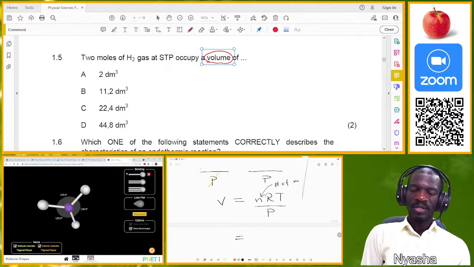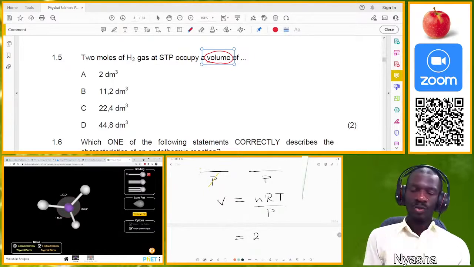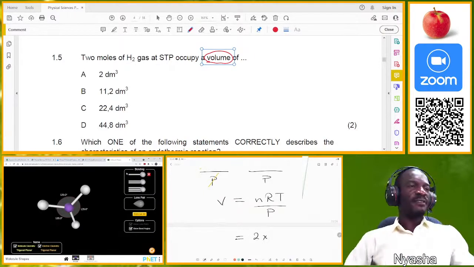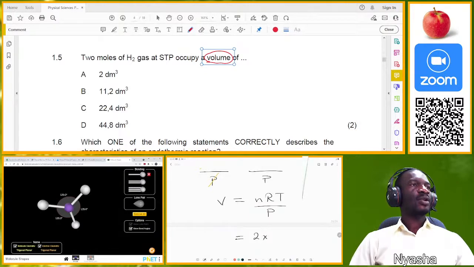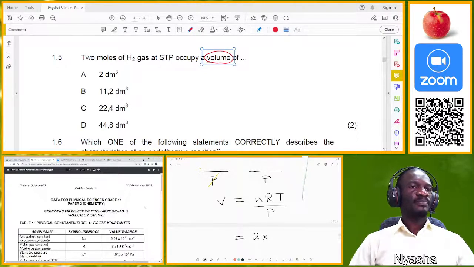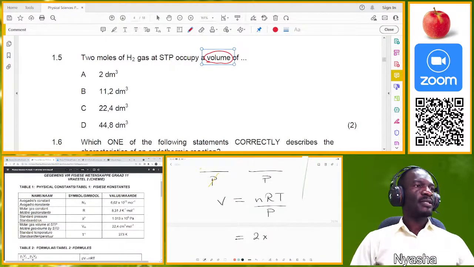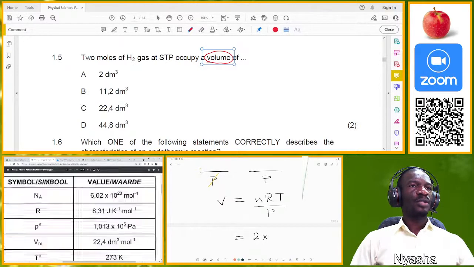So let's substitute away and see what we can get. This is 2 moles. They've given us the number of moles. What is the value of your universal gas constant? Here, as you can see, your data sheet is very important because you can easily access all these constants. You're given Avogadro's constant and the molar gas constant, which is what we want to use here.